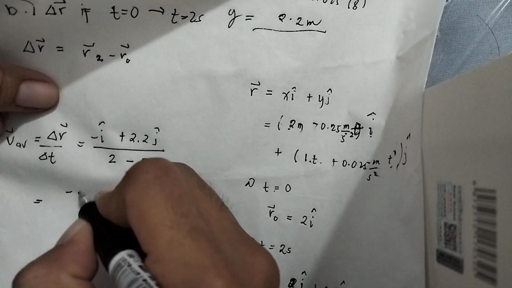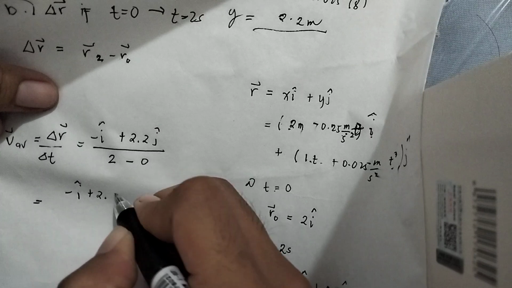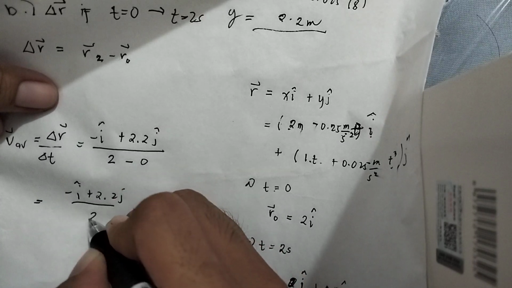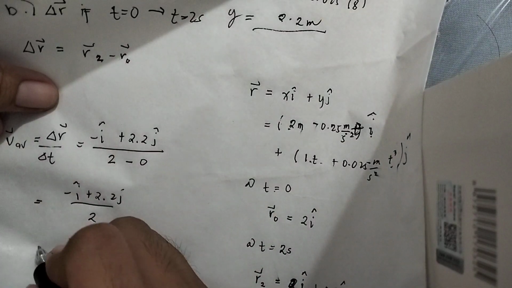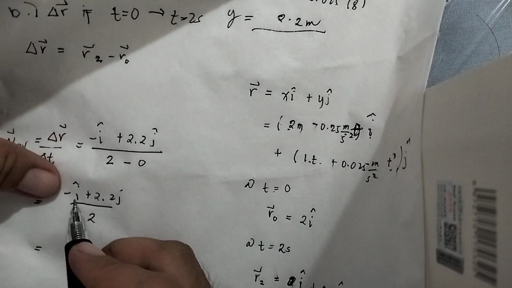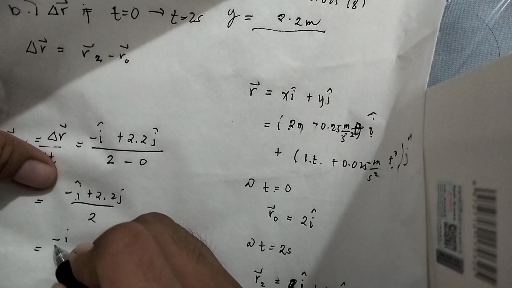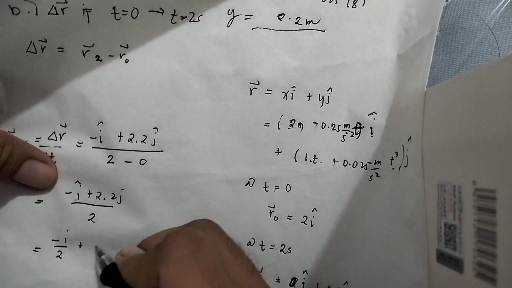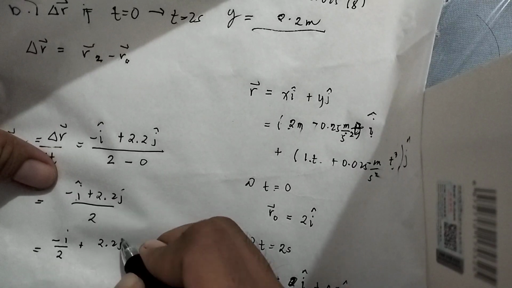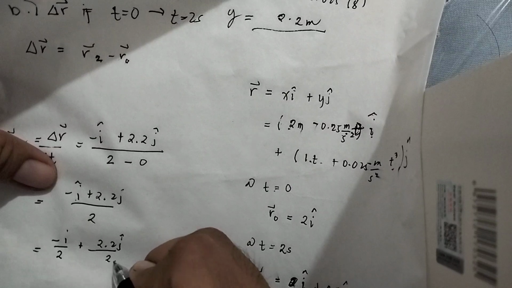So, negative i plus 2.2 j divided by 2. Okay? So, negative i over 2 plus 2.2 j hat over 2.